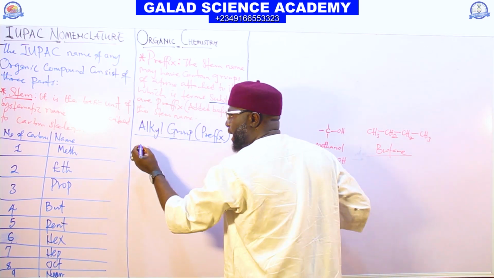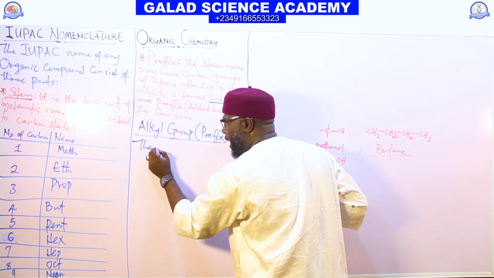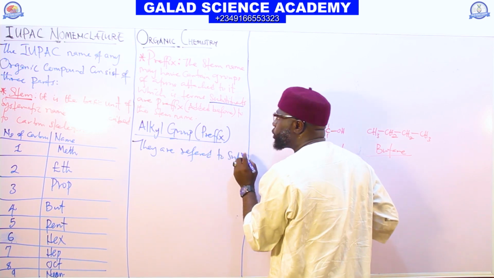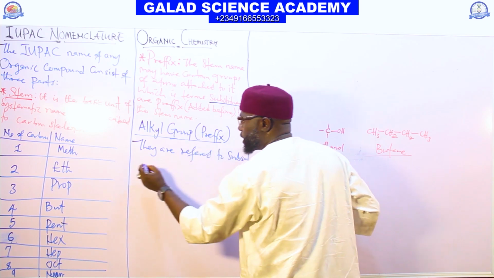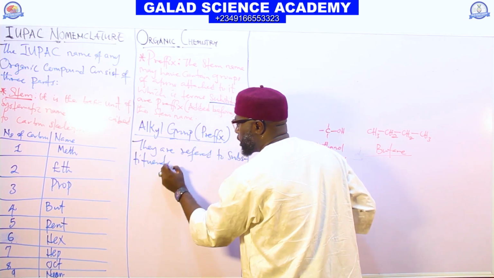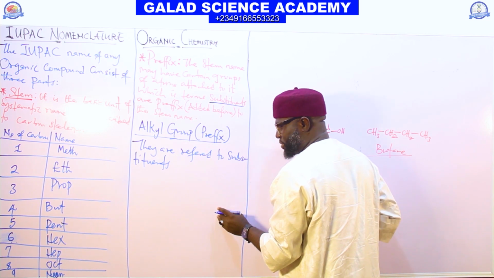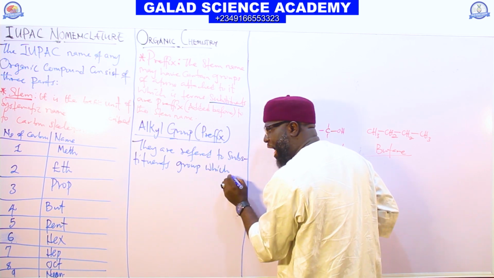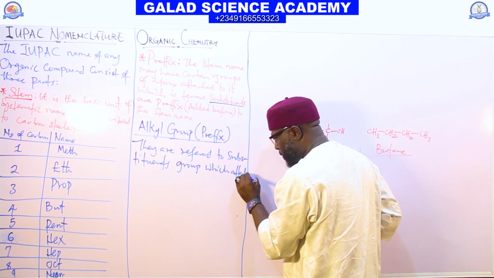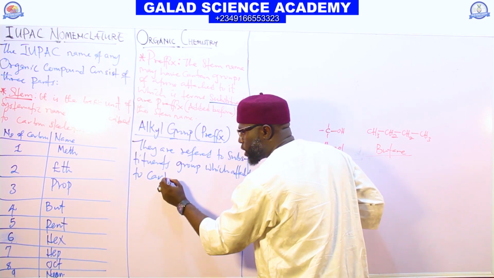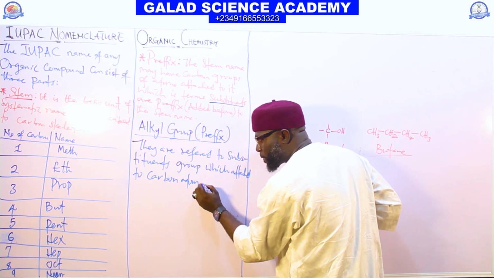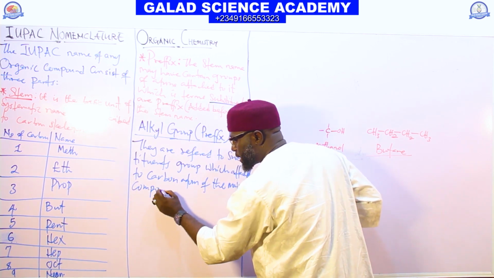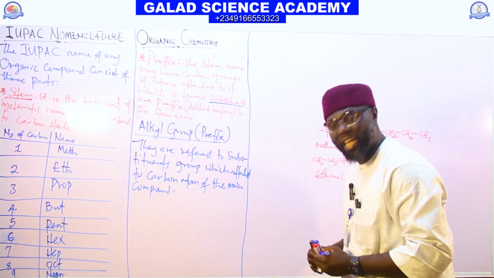Alkyl group are referred to as substituted group, okay, let me write it down. Alkyl groups are referred to as substituted groups which attach to the carbon atom of the main compound, which is known as the stem.